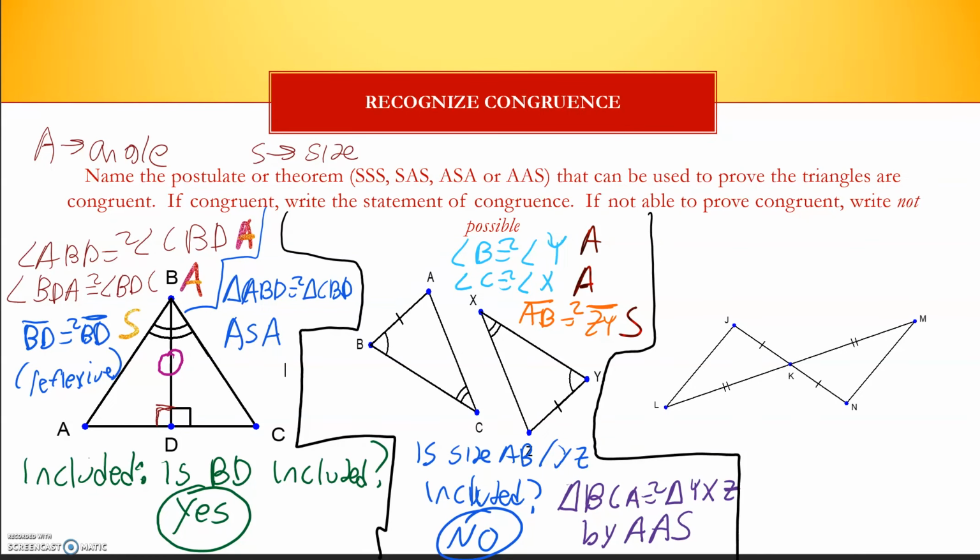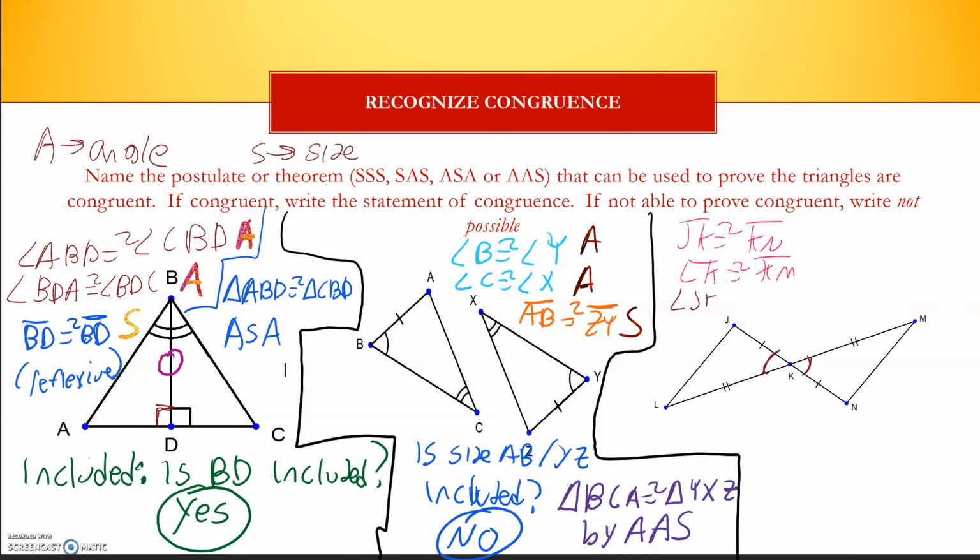All right. The last one. Well, I know that JK is congruent to KN. We know that LK is congruent to KM. Those are my givens. I should mark my vertical angles. They're not going to be given to me.